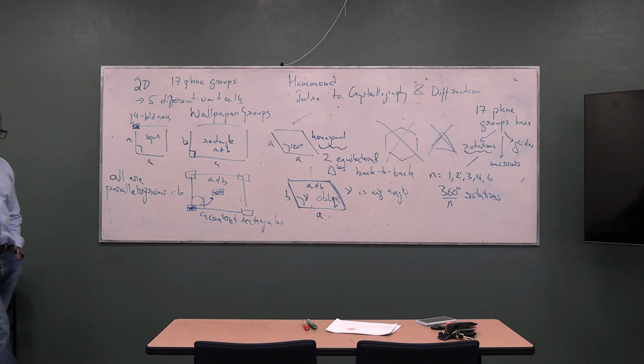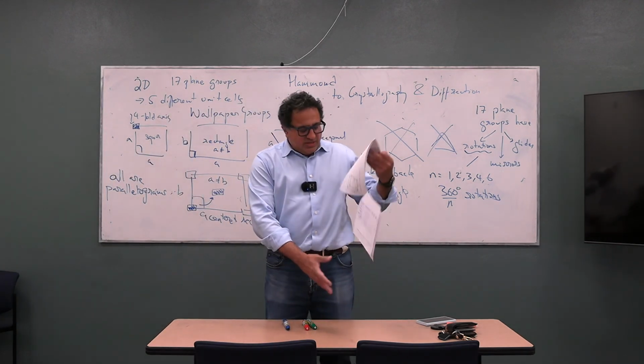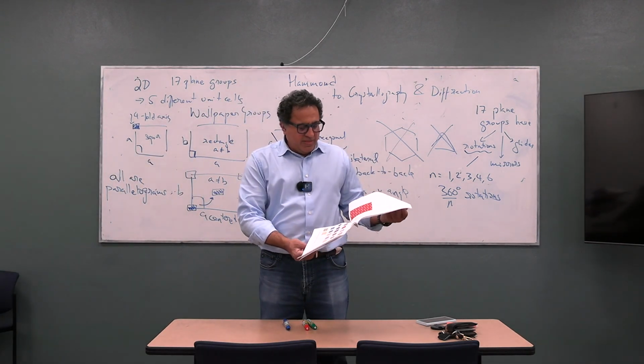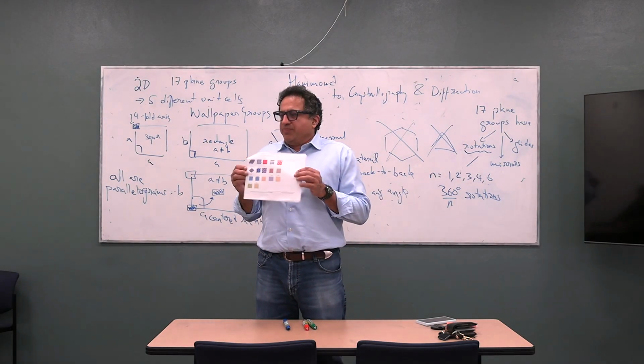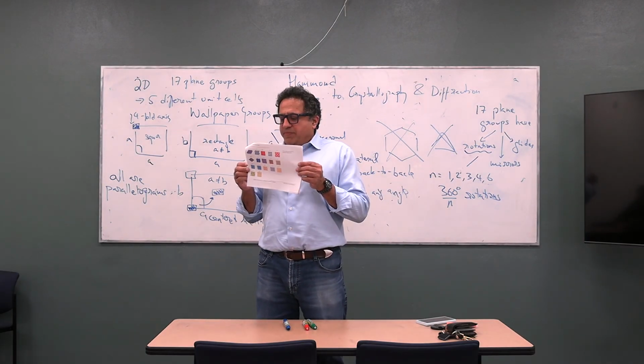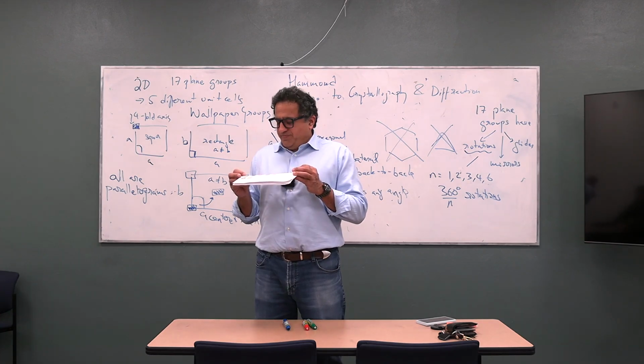So, when you want to consider this, the notes that I will post, and also stuff that you can look up, will give you examples of the 17 plane groups. If you look at the Wikipedia wallpaper page, it gives you examples that look like this, right?